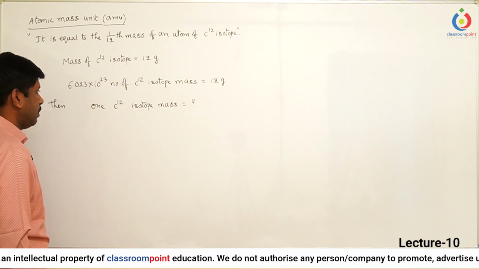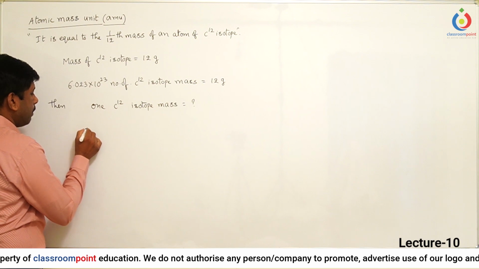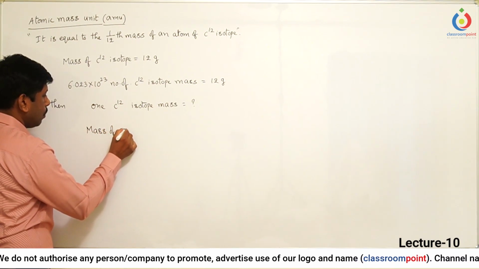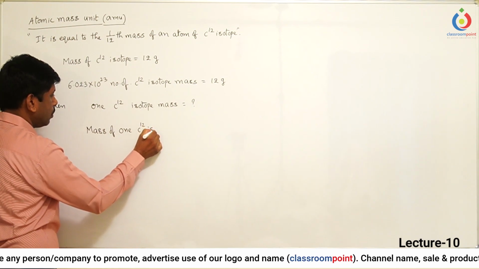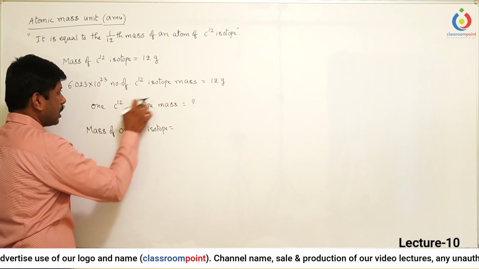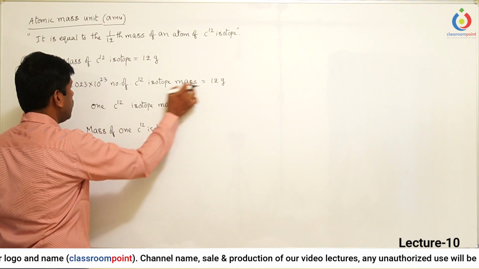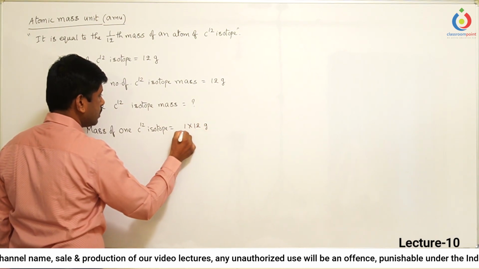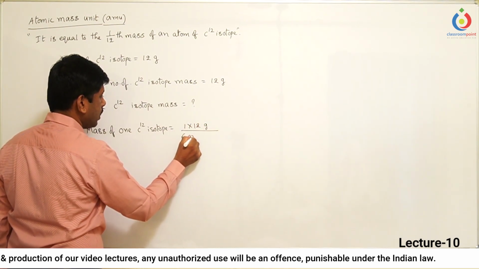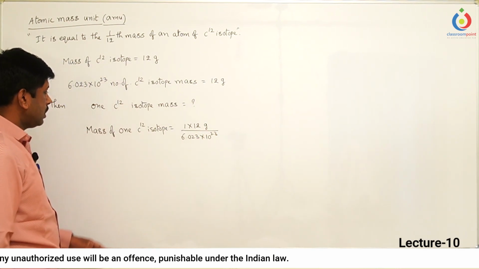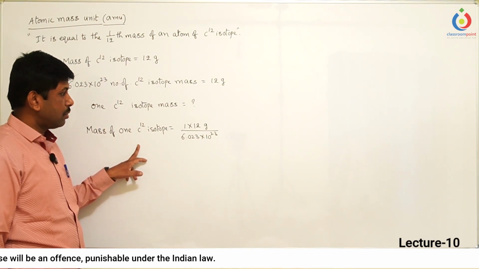Let's find out. Mass of one carbon 12 isotope is equal to, doing the cross multiplication, 1 into 12 grams divided by 6.023 into 10 power 23. So this is the mass of one carbon 12 isotope.